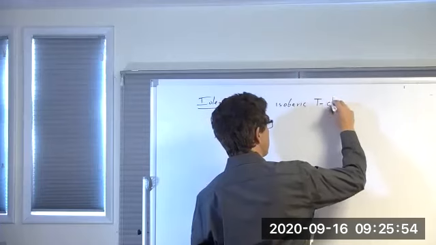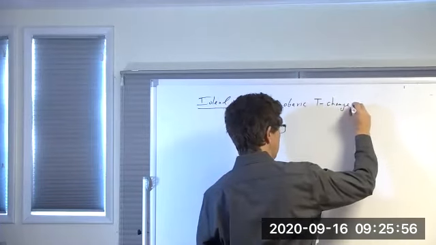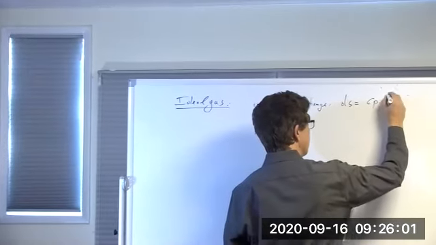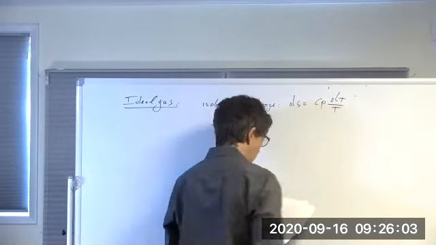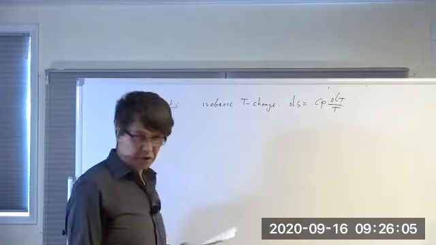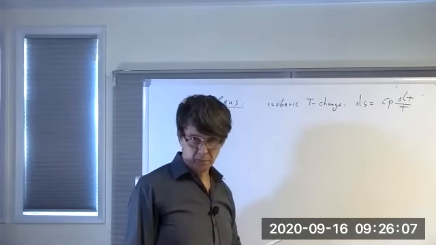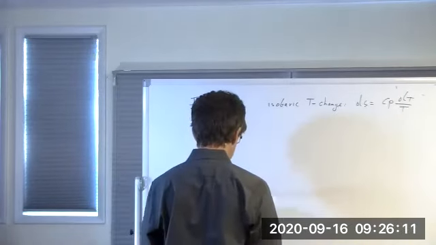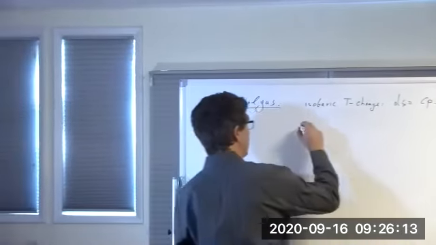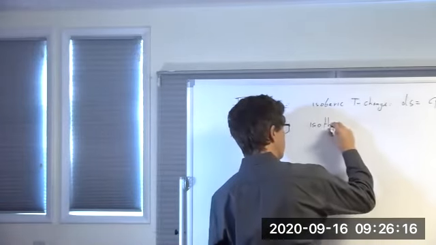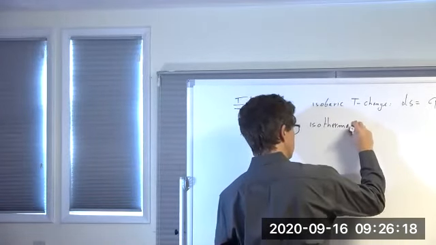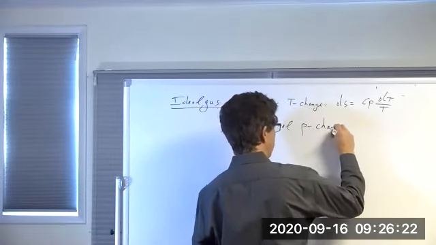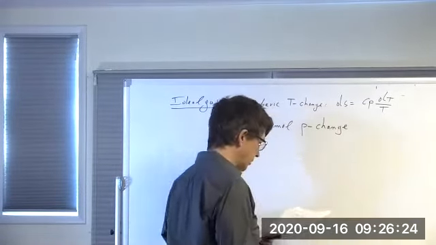So if you do an isobaric temperature change, right, then dS is just Cp dT over T. But if you do compressions, then both pressure and volume change, so you cannot integrate the known heat capacity. So let's say we do an isothermal pressure change, right? So isothermal compression or expansion.